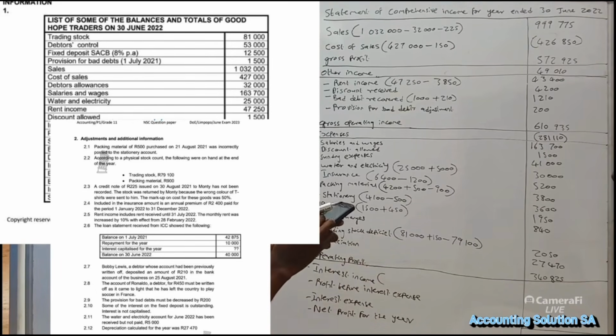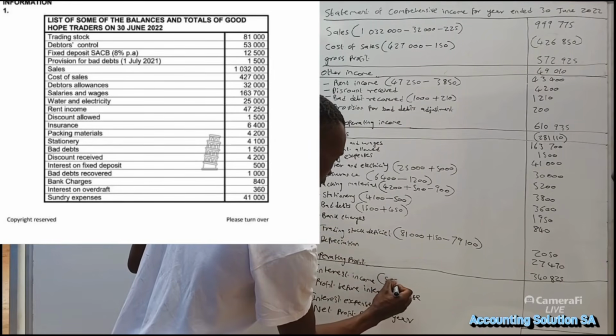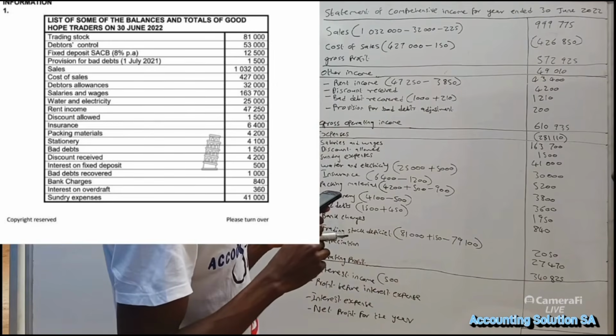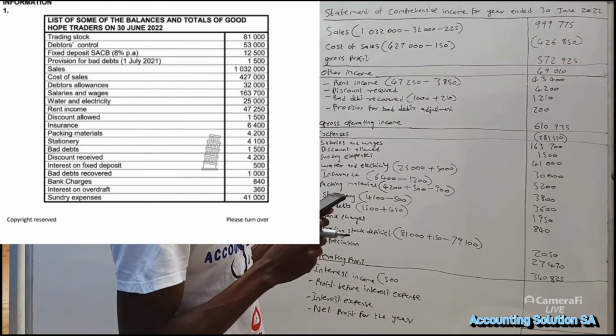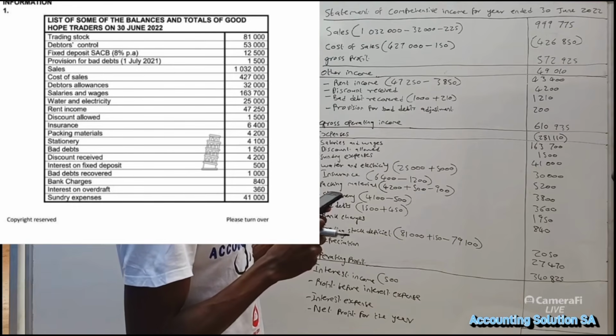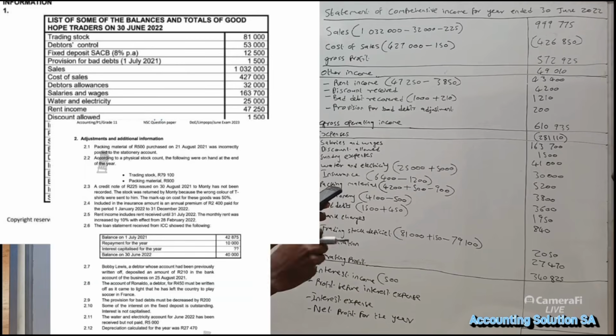Interest income that we are given, interest on fixed deposit, it will fall under interest income, is 500. But additional information 2.10, they say some interest on fixed deposit is outstanding, interest is not capitalized. Okay, which means that we have to check. If you check on our list of balances, the fixed deposit at ABC is 8% per year. Then the amount that we have is 12,500.